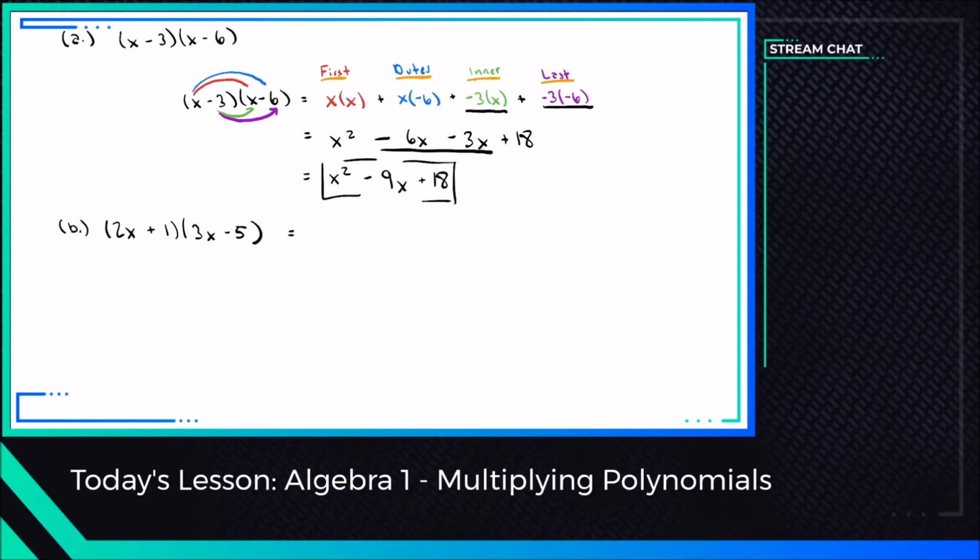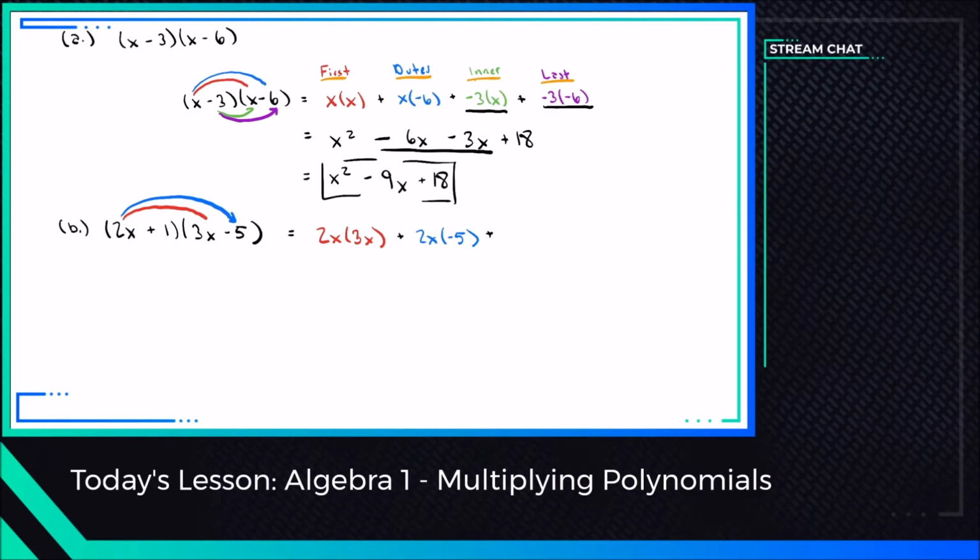All right, so starting with our first terms, we have a 2x multiplied by a 3x. And then we're going to add. Then we're going to take the 2x and multiply it by the negative 5. And then we're going to put a plus sign.